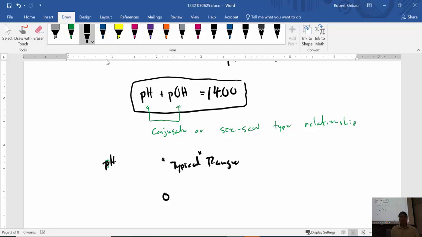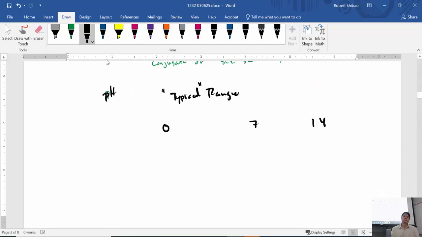But usually we go from 0 through 7 to 14. But if we had a pH of 0, what is the concentration? Yeah. If we had a pH of 0, the hydronium ion concentration is 10 to the 0th, which is 1 molar.